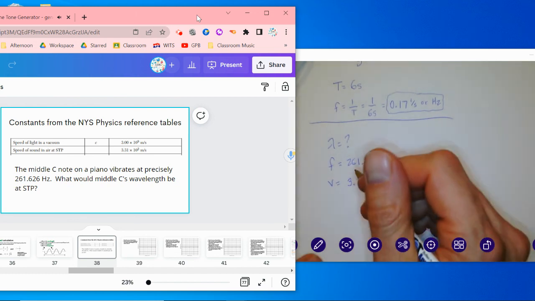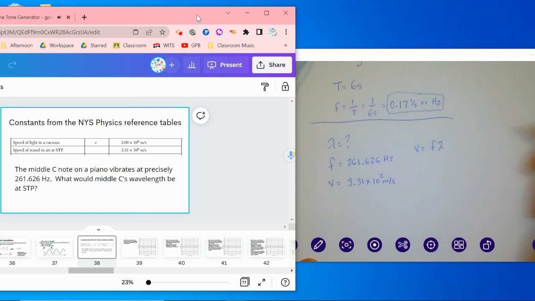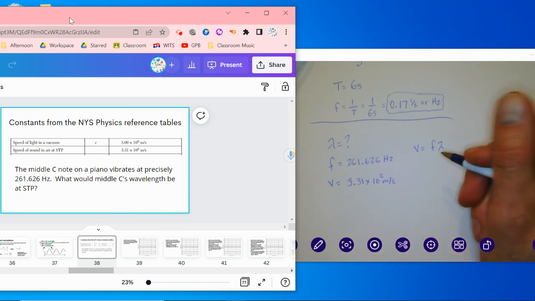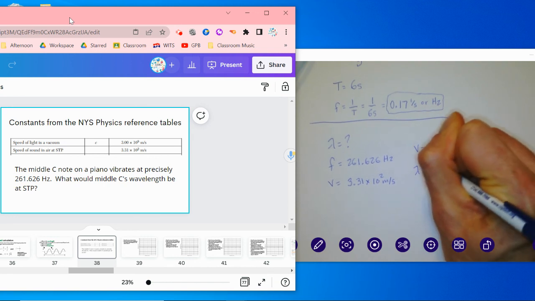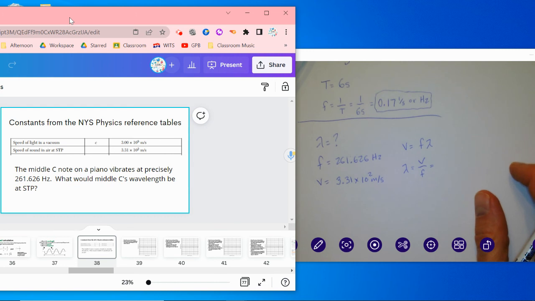So what are we doing here? We know that velocity equals frequency times wavelength from our formula before. Let's solve for wavelength. Wavelength equals velocity divided by frequency.